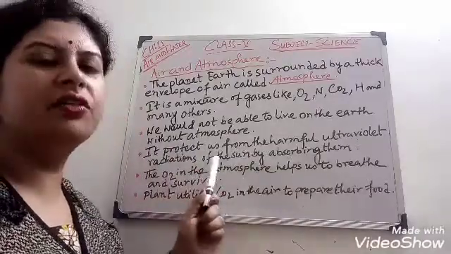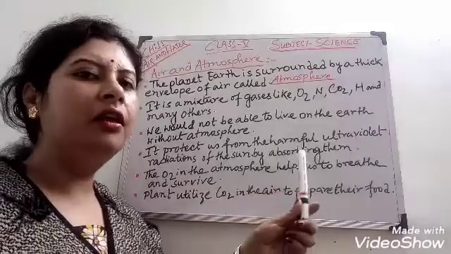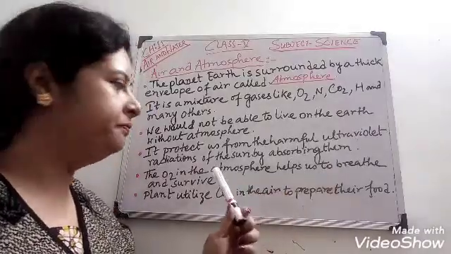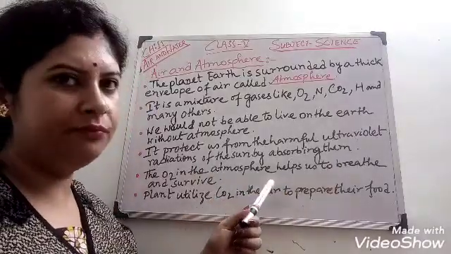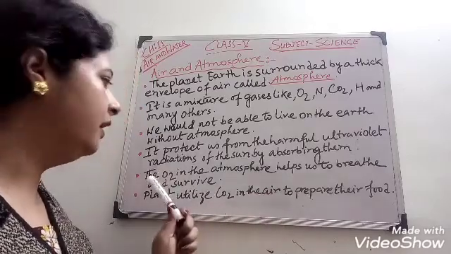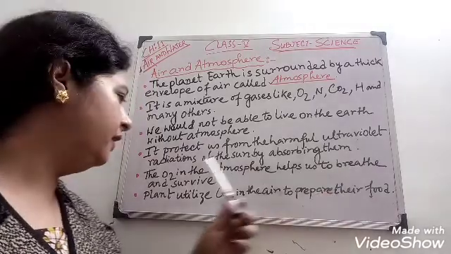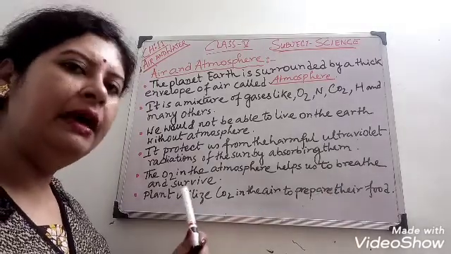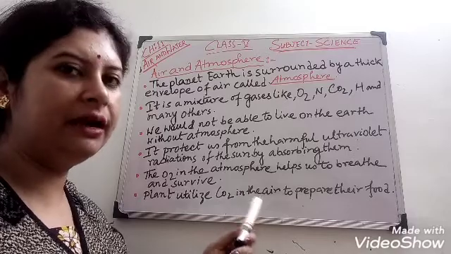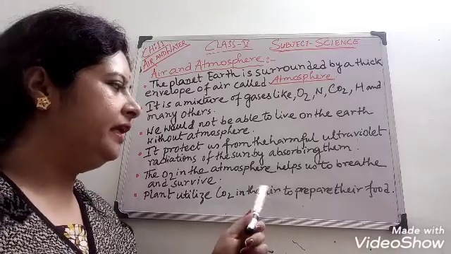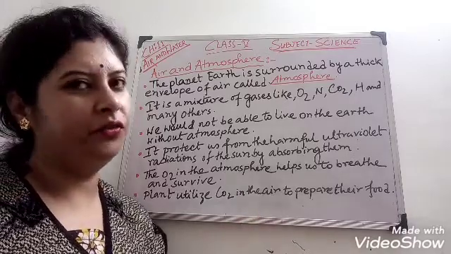It protects us from the harmful ultraviolet radiation of the sun by absorbing it. Next, the oxygen in the atmosphere helps us to breathe and survive. Plants utilize carbon dioxide in the air to prepare their food.